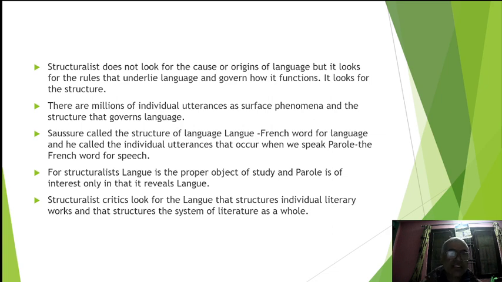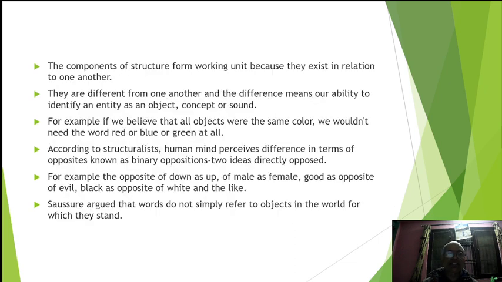Structuralist critics look for the langue that structures individual literary works and that structures the system of literature as a whole. What literature exactly is, that is what the langue is sought to reveal. So the study of the structuralist is the langue, not the parole, not the individual speech, but the language system.